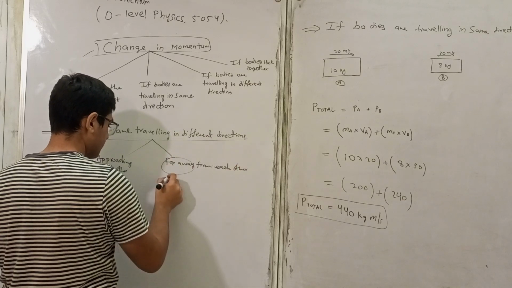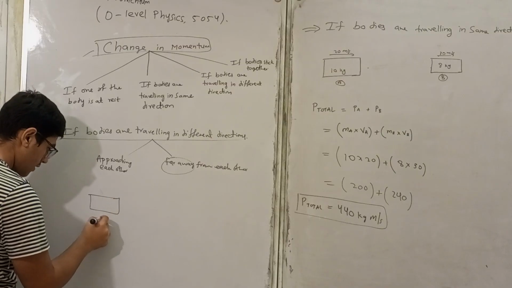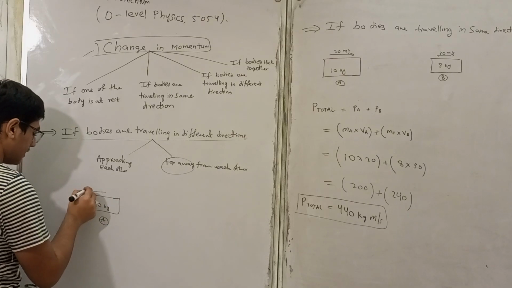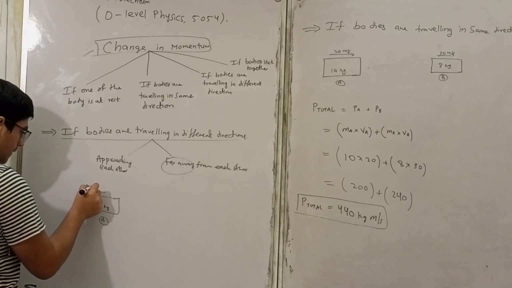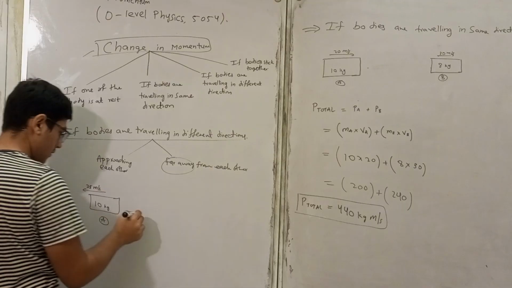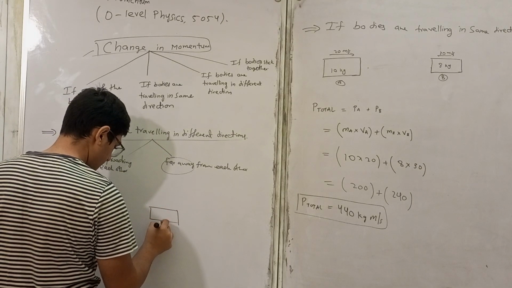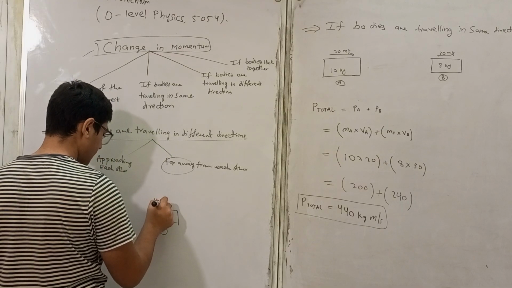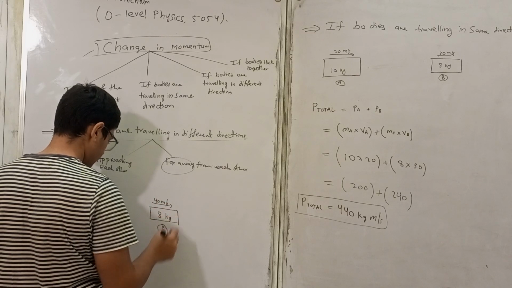Let's pick this case. Let's say this is a car A with a mass of 10 kg, which is traveling in this direction with a velocity of 30 meter per second. And this is car B, which is traveling in this direction with a velocity of 40 meter per second, and it has a mass of 8 kg.